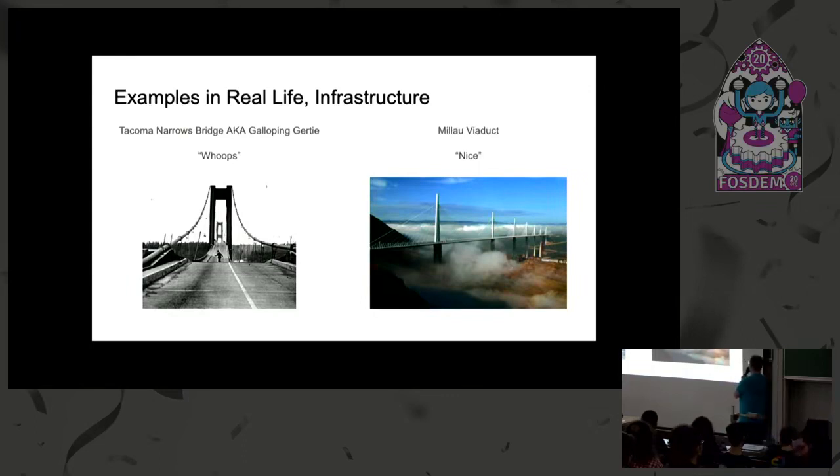On the right, we see a bridge, the Millau Viaduct in the south of France, a giant spanning bridge, and as you can see, it's in a canyon, and it's designed for hurricane wind speeds that they've never seen in that area.